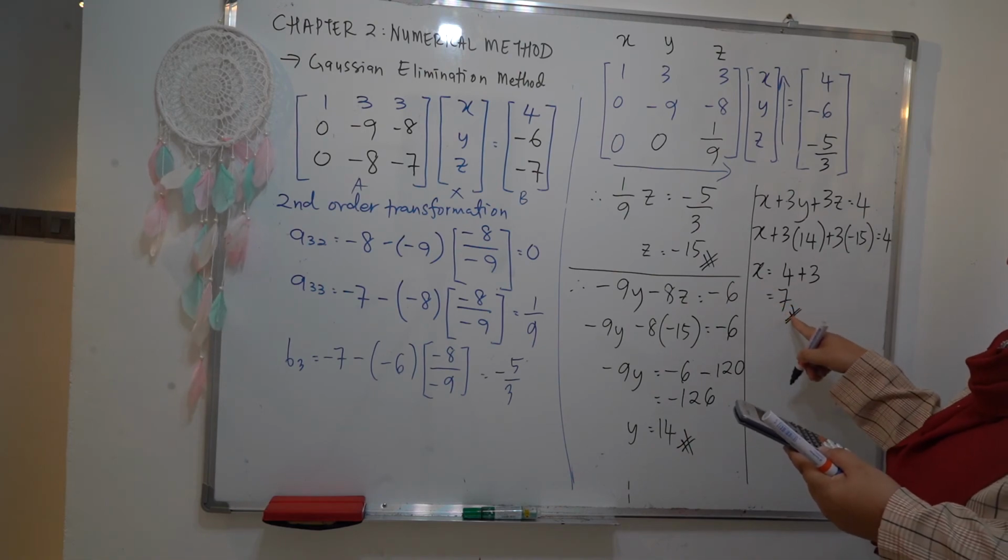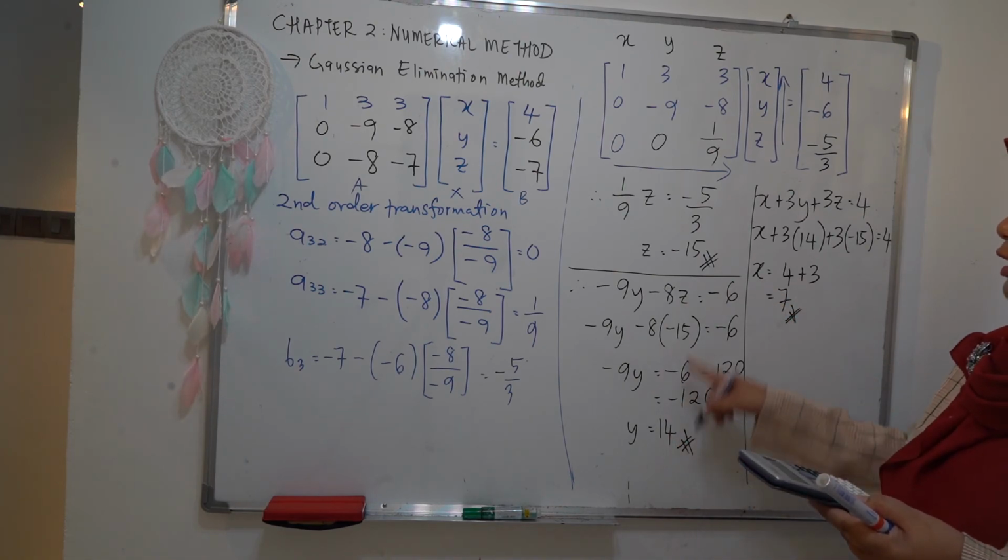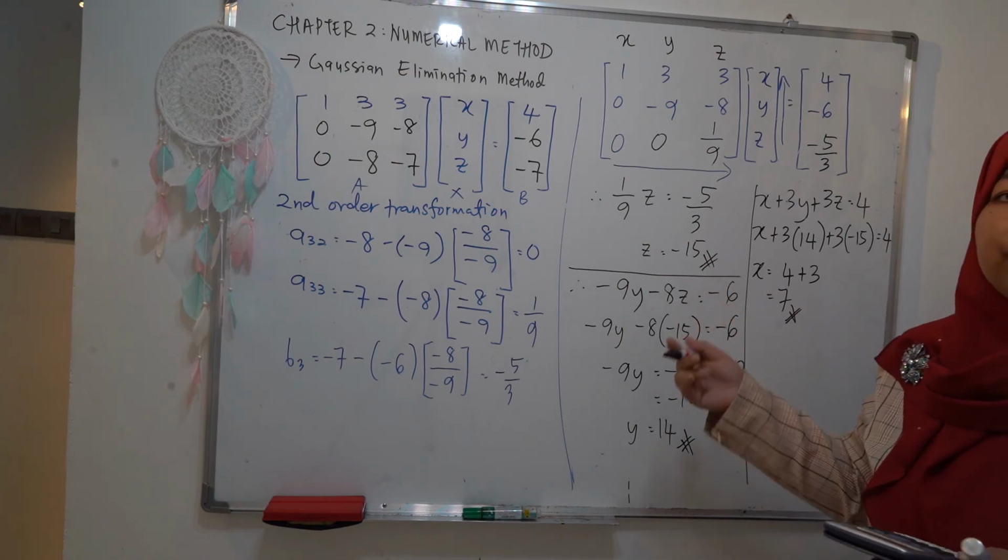So x equals 7, y equals 14, z equals negative 15.